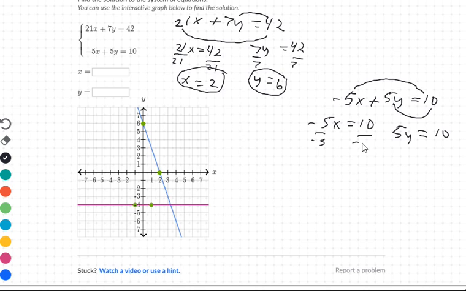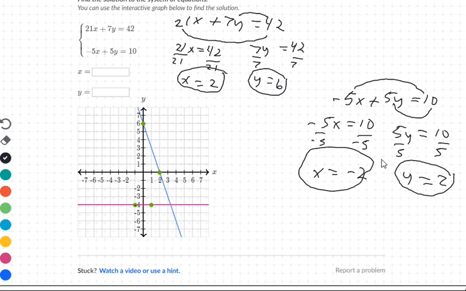We're going to divide both sides by -5, so x is -2. Divide both sides by 5, so y is 2. So x is -2 and y is +2.